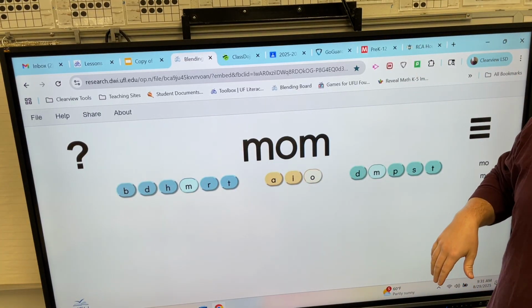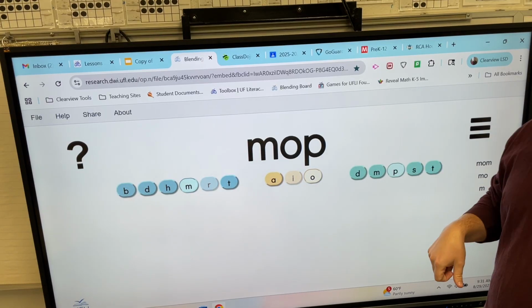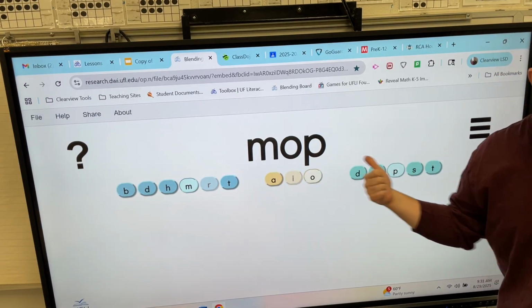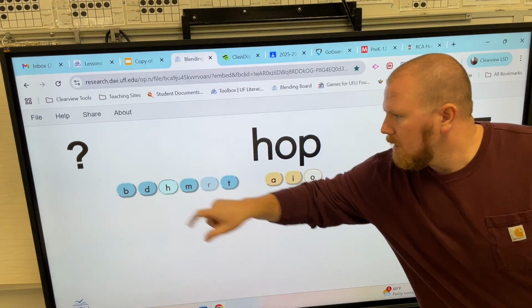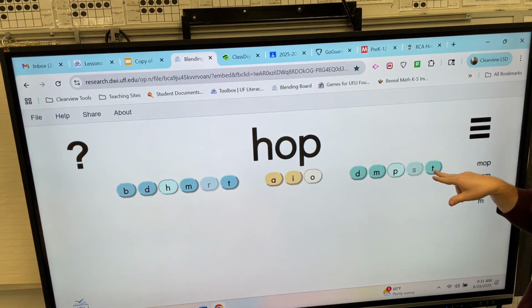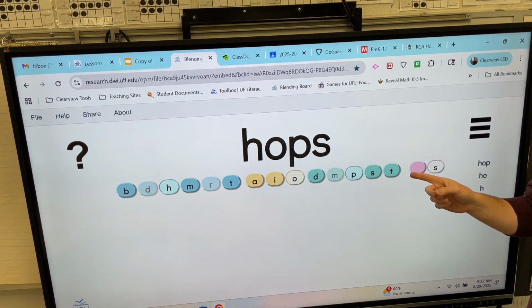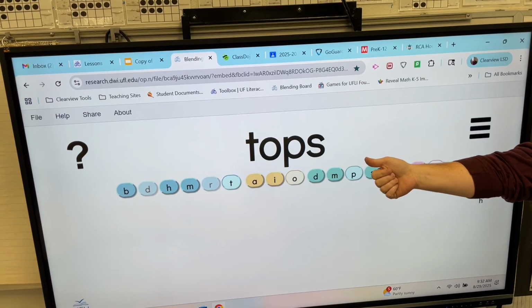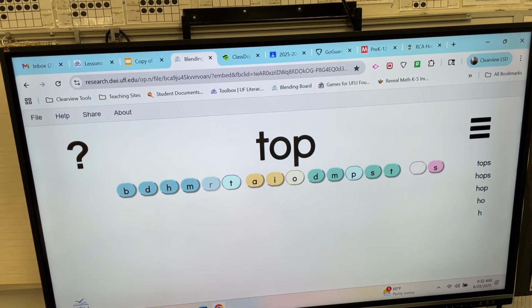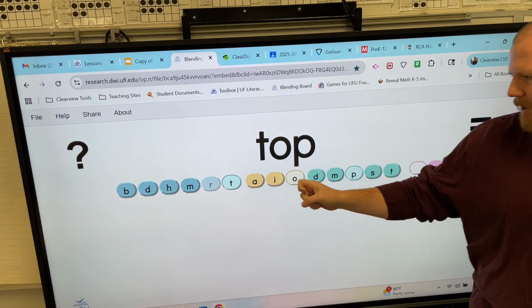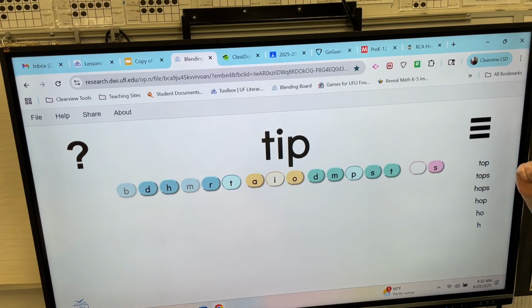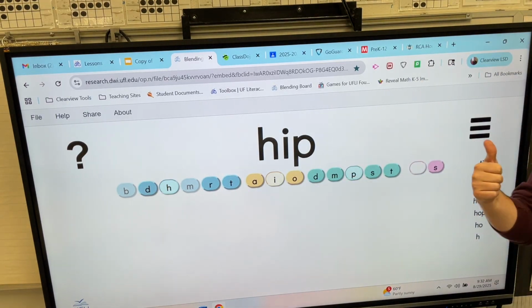All right, so the next word is mop. Next word is hop. What about hops? And then tops. Top. Okay, I don't hear you. Okay, what about if I do hip?